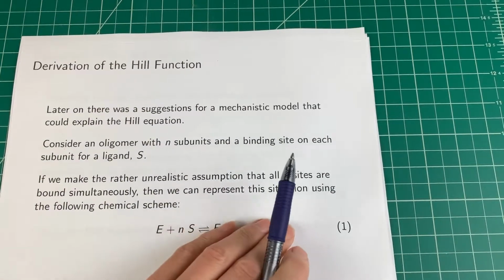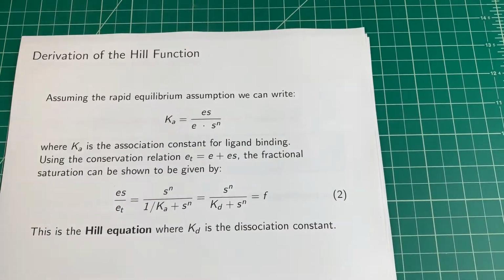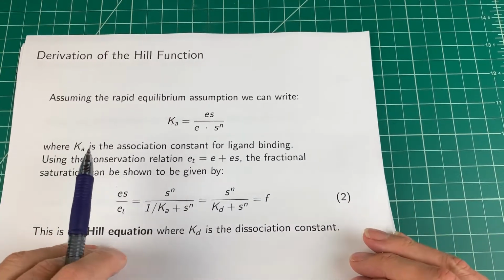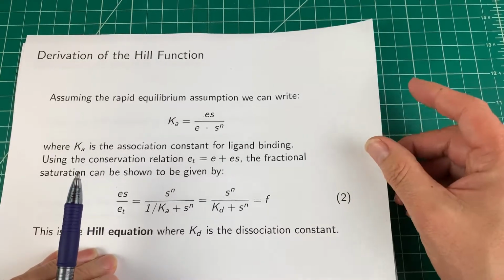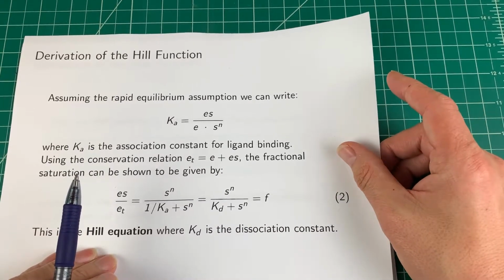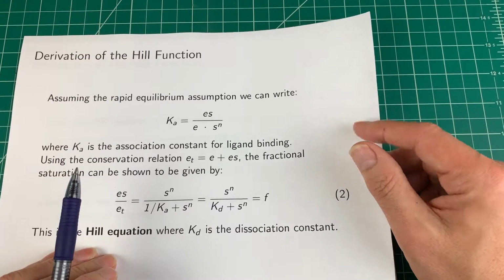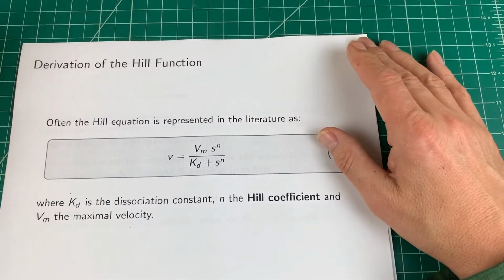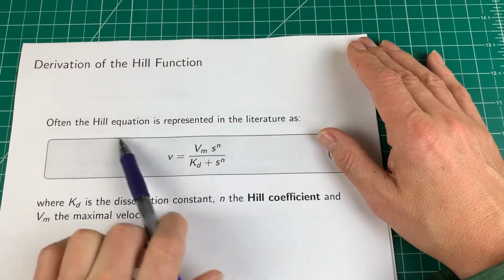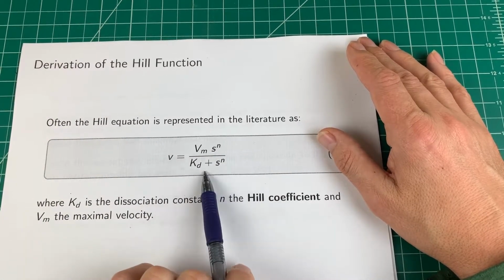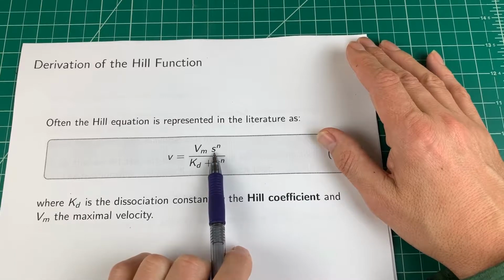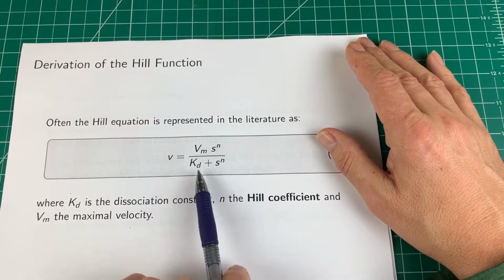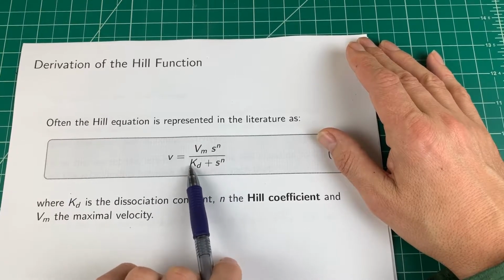Not very realistic. So often the Hill equation is actually treated as an empirical equation. We don't try to give it meaning, just that the Hill equation does describe pretty well S-shaped curves. All right, so we end up with this. So in the literature, you'll see this form, Vmax, substrate concentration to the n, and then the Kd rather than Kh. So Kd is not raised to a power.